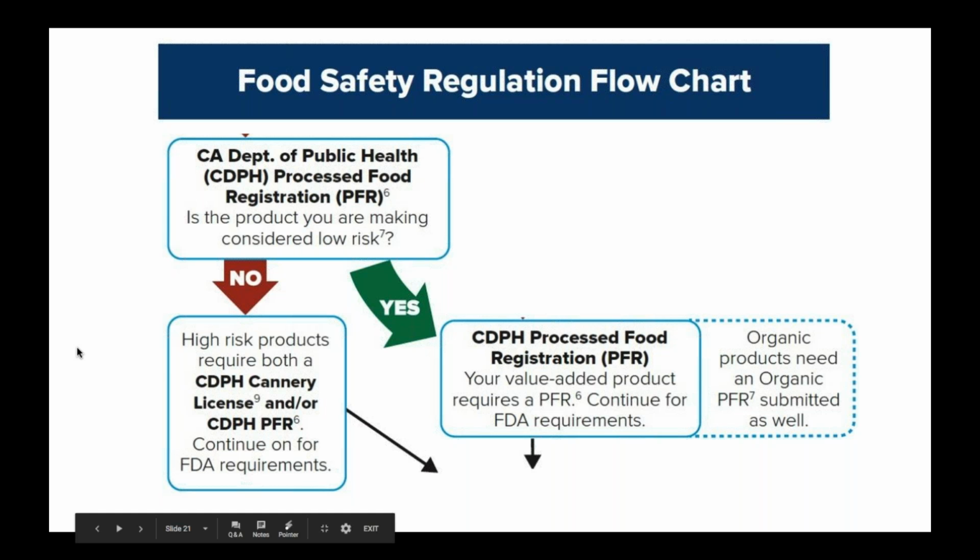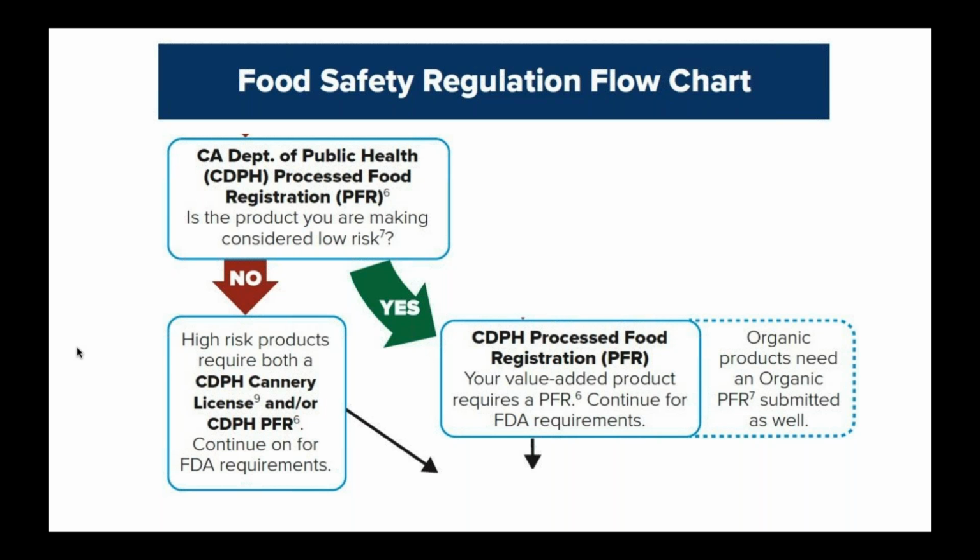there and move down to the next box where we have high-risk products require both a CDPH cannery license and or a California Department of Public Health processed food registration. So in our case, we're making a salsa. So production of that salsa as an acidified food would require the cannery license.